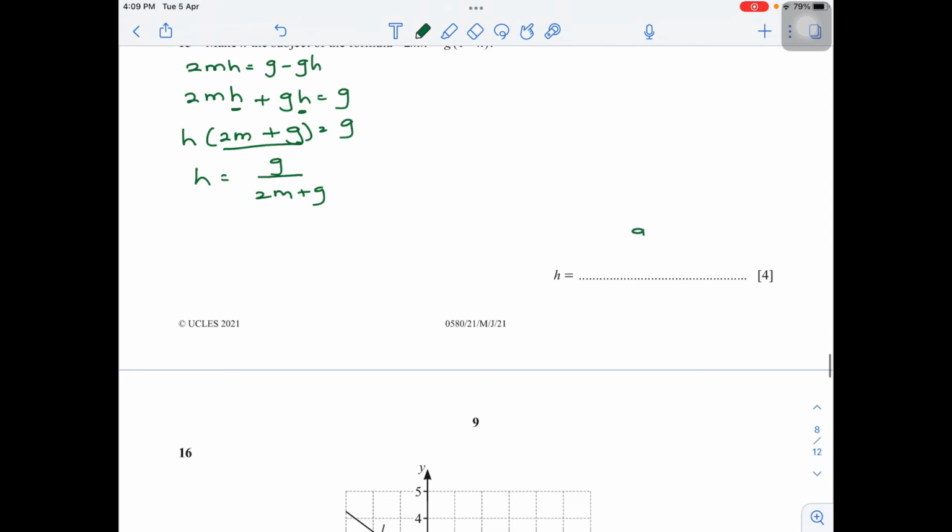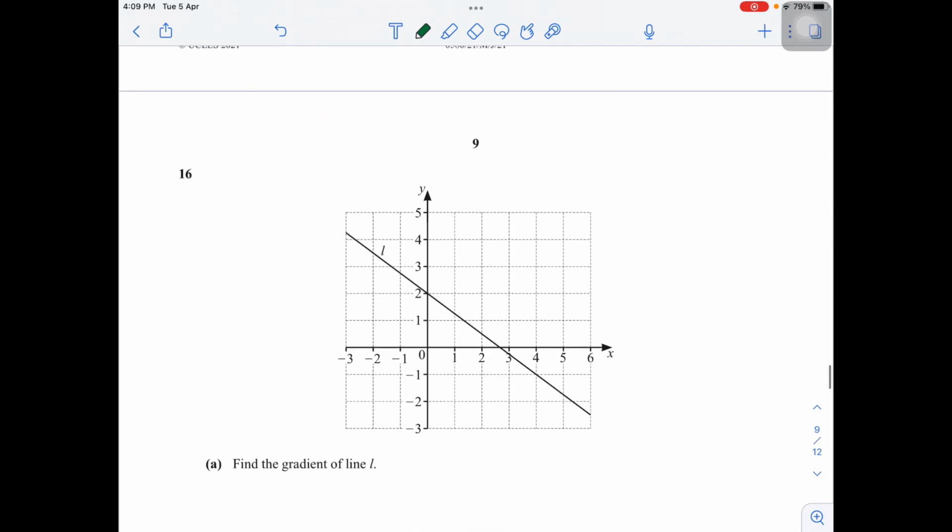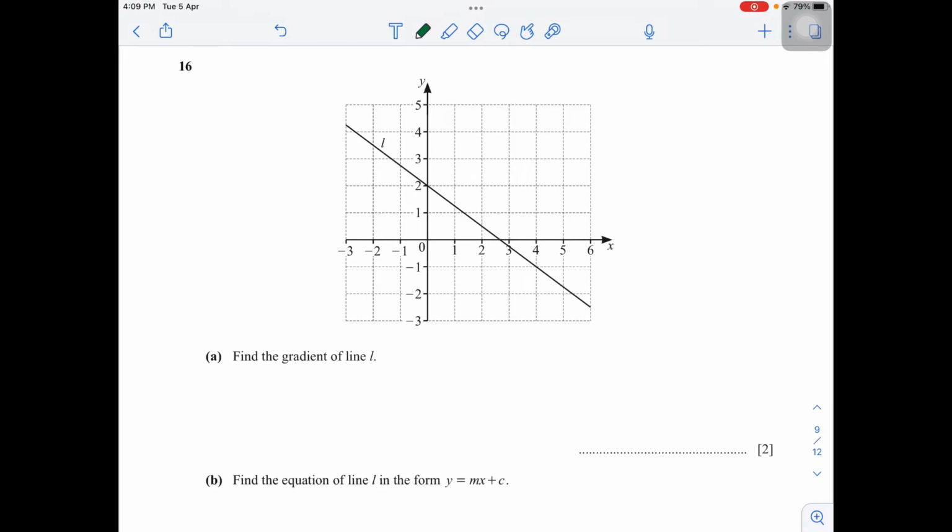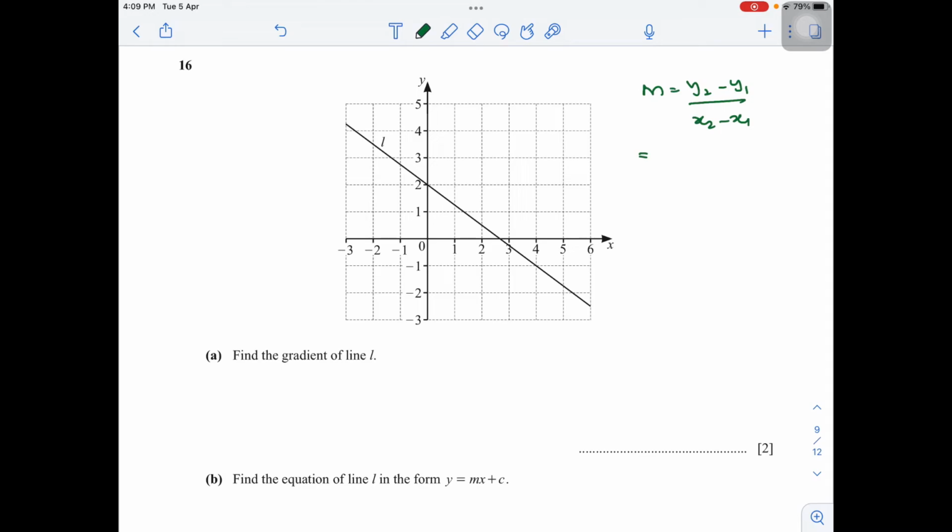Let's try the next one. 16. Find the gradient of line L. Now that's line L. The gradient is y2 minus y1 over x2 minus x1. I have 2 points.